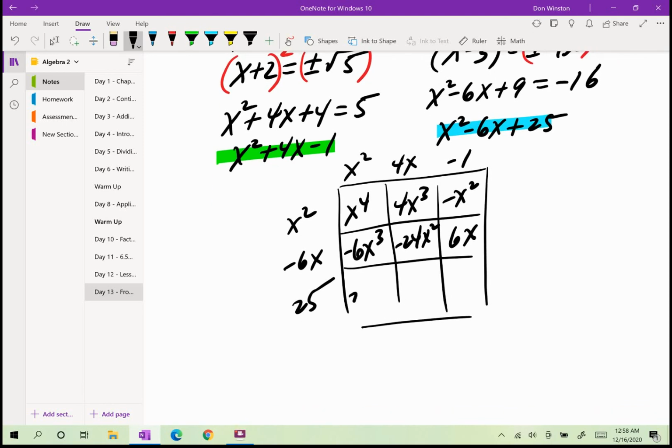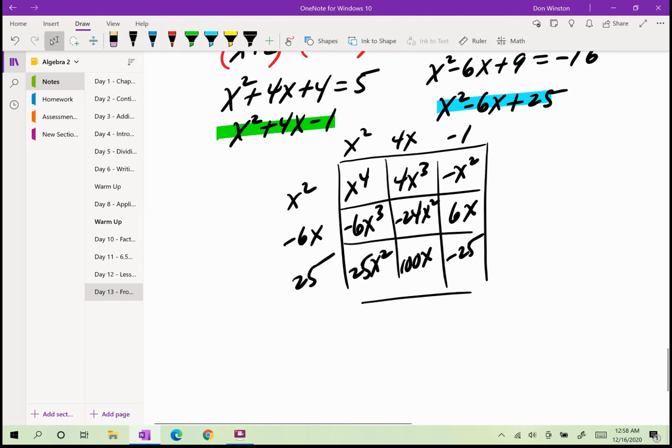25 times x squared will be 25x squared. 25 times 4x will be 100x. And then 25 times negative 1 will be negative 25. And then I'll add on the diagonals.